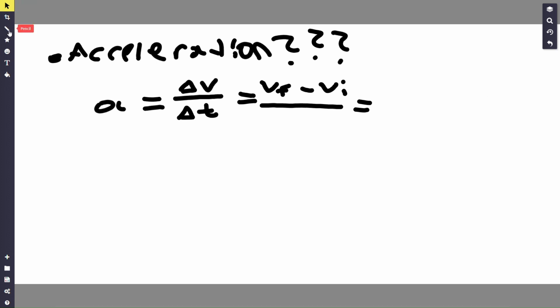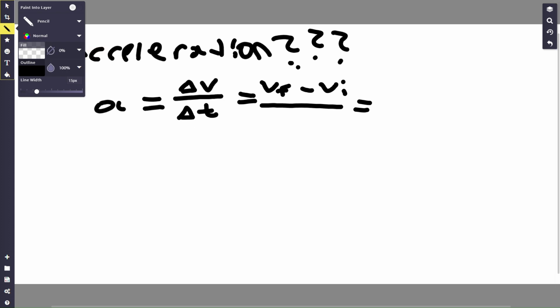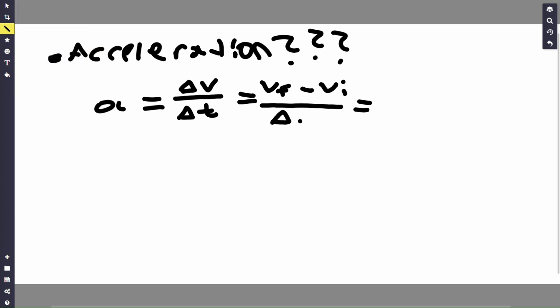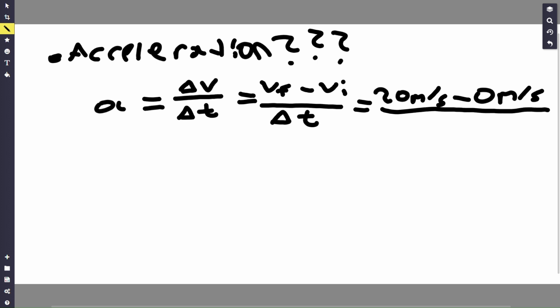Now let's write our formula: 20 meters per second subtracted by 0 meters per second, all over 4 seconds.